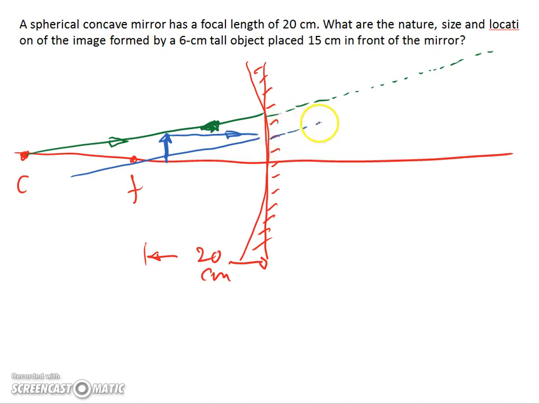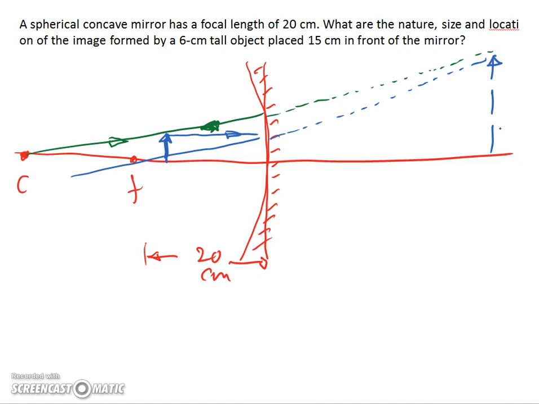And will therefore appear to have originated from behind the mirror. So we're going to end up with a virtual image which is upright, formed behind the mirror.